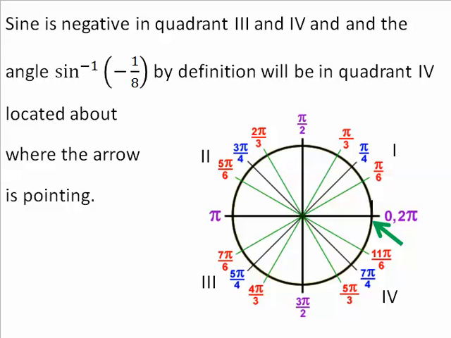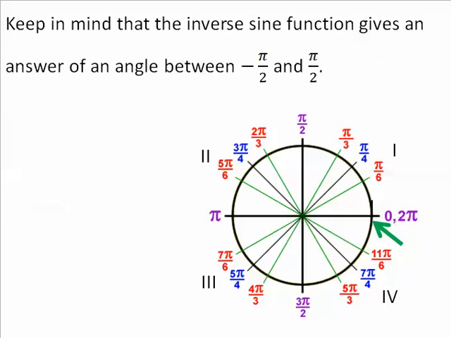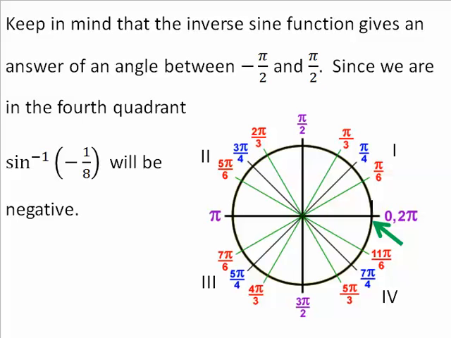Well, -1/8 will give me a negative angle for sine, so I have to be in the 4th quadrant. Keep in mind that the inverse sine function gives an answer of an angle between -pi/2 and pi/2. That's why I keep insisting that a negative angle would have to be in the 4th quadrant.